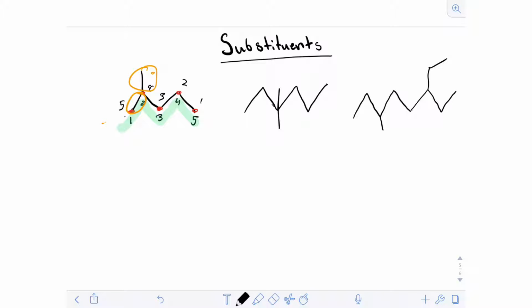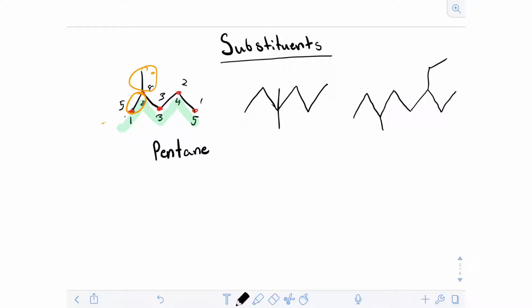So we know that there are 5 carbons, so we're going to get a pent. And then we know that there's no double bonds and there's no triple bonds, so we know this is pentane.